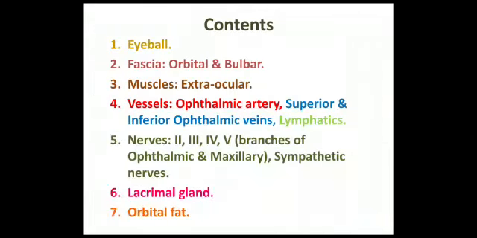So main contents of the orbit are: it contains the eyeball, the two fascia called the orbital fascia and the bulbar fascia, the extraocular muscles, the vessels which include the ophthalmic artery, superior and inferior ophthalmic veins, the lymphatics, the various nerves, that is the second cranial nerve or the optic nerve, oculomotor nerve, the trochlear nerve, abducent nerve, and branches of the trigeminal nerve, that is the ophthalmic and maxillary divisions of the trigeminal nerve, and last but not the least, the sympathetic nerves.